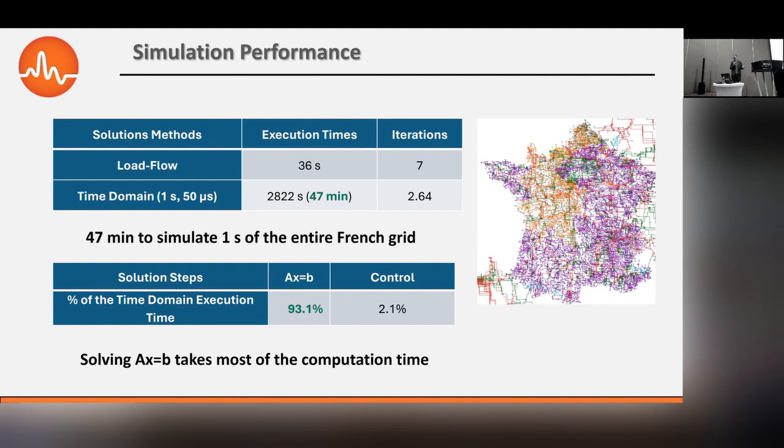If you look at the details of the solution of this network, an interesting thing is that the solution of the linear system, iteratively, takes a major part because you have a lot of nodes, and a small part is the control, and the other part is the update of historical terms. So we saw that the solution of the linear system takes most of the computation time. So maybe the techniques I explained before can help us save time.